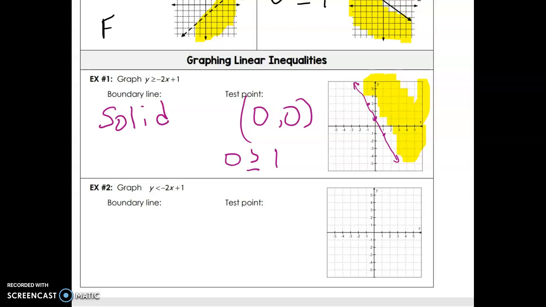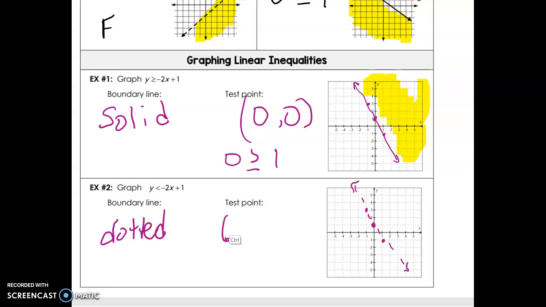Okay, let's look at example 2. It's the exact same line, except this one's going to be a dotted line. So we're at 1, down 2, dotted line, and that's what we fill in there.